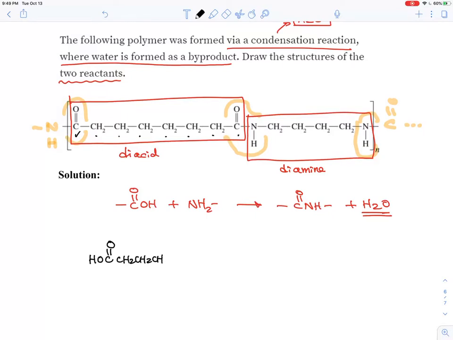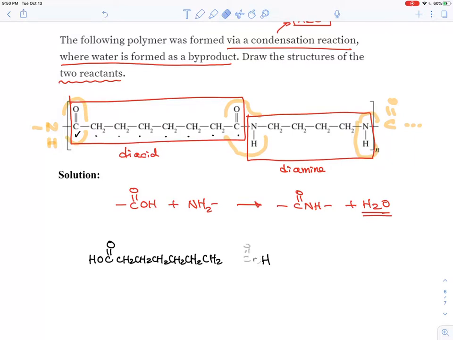At the end is a 9, right? So 1, 2, 3, 4, 5, 6, 7, 8. I'm sorry, this is an 8.